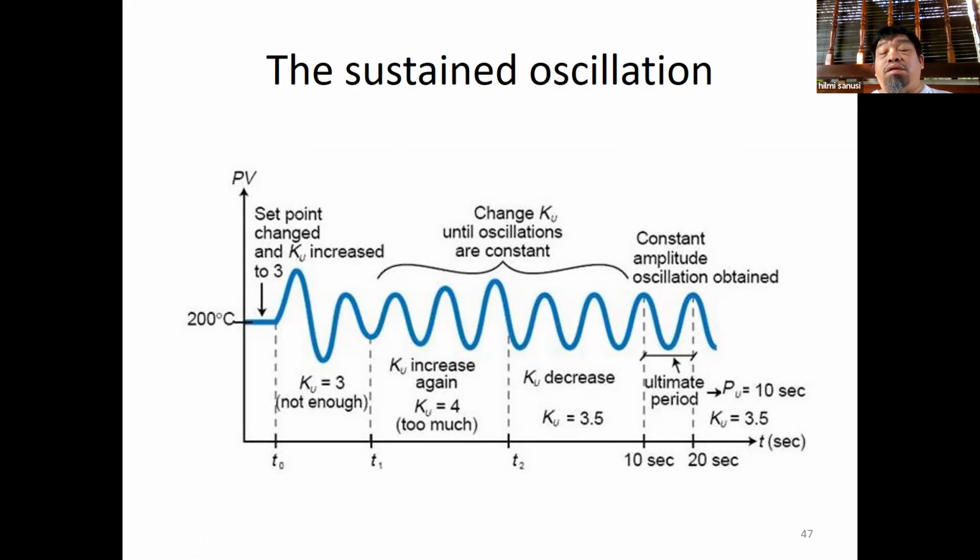So you set the gain sampai they oscillate, and then you slightly adjust the input so that you have a constant amplitude of oscillation. Then daripada situ you dapat what is your period and what is your gain. Okay.